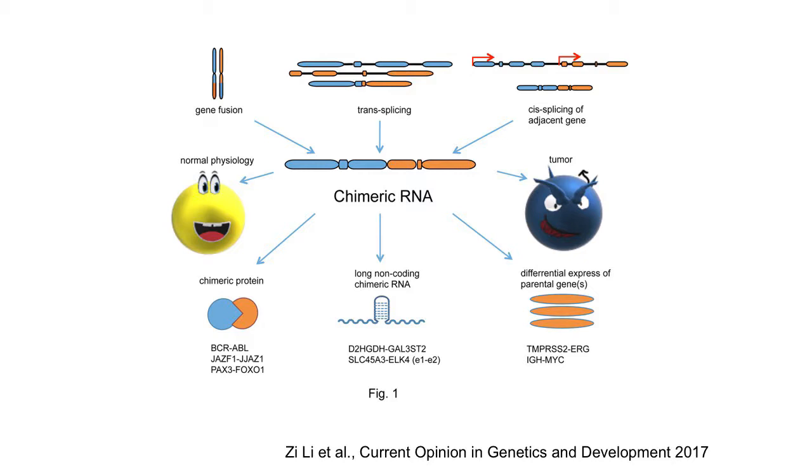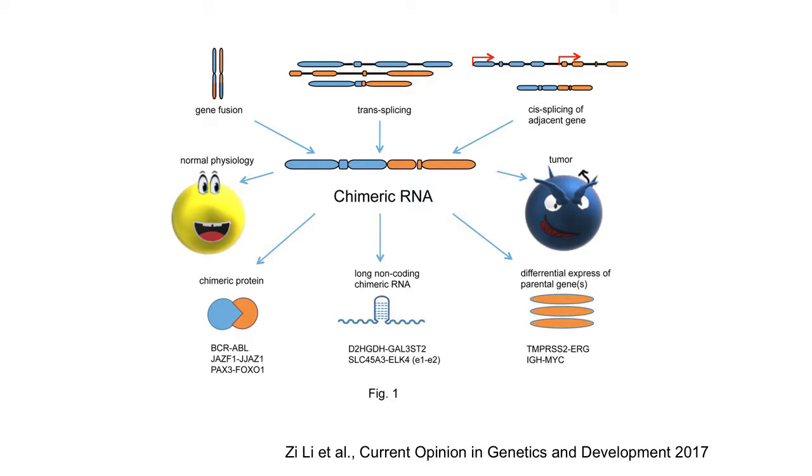Some people call it transcriptional read-through, but to avoid confusion, we call it cis-splicing of adjacent genes. That could actually exist in normal physiology as well as in cancer, and some of these give rise to chimeric proteins as well as non-coding RNAs, or result in differential expression of the parental genes.